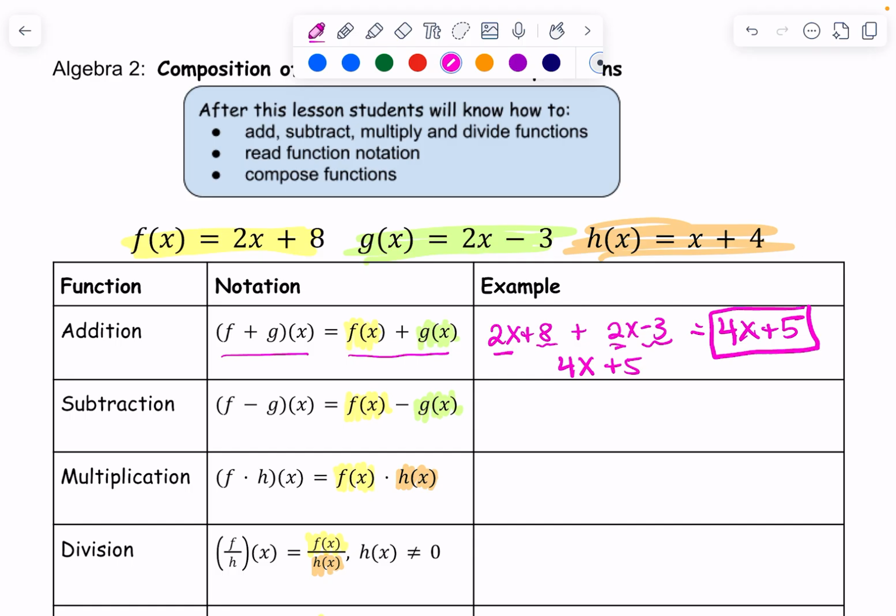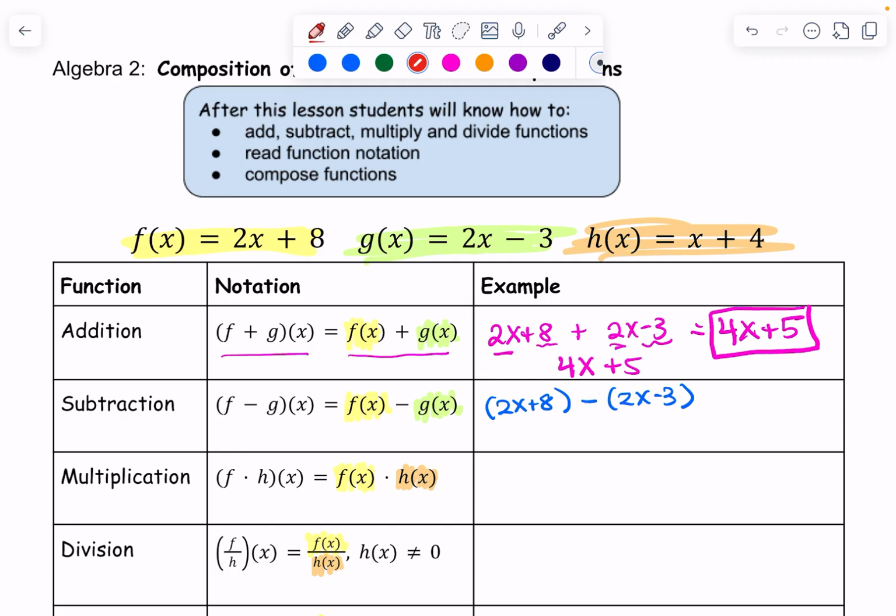Okay, let's see if I can make this a little neater next time. So the next one we're going to do is f of x minus g of x. So now we have 2x plus 8 minus 2x minus 3. We're doing the same ones we did before except for subtraction. Now, you can see we don't have an addition sign between them like we had before. We have subtraction, so we're going to have to add the opposite of everything in the function that follows, okay?